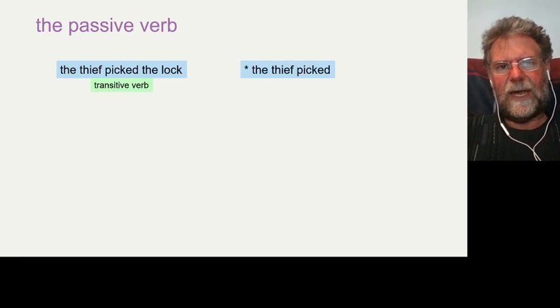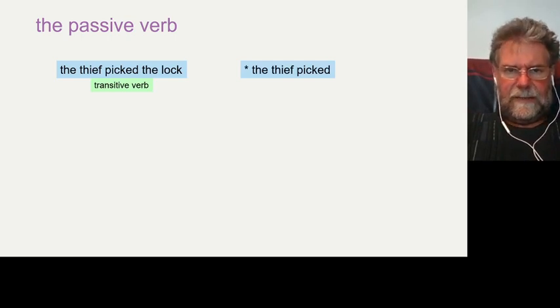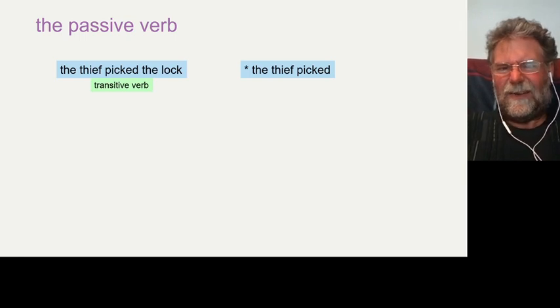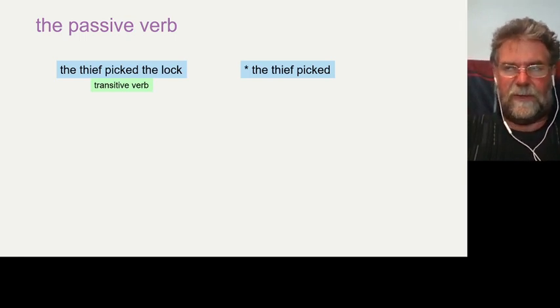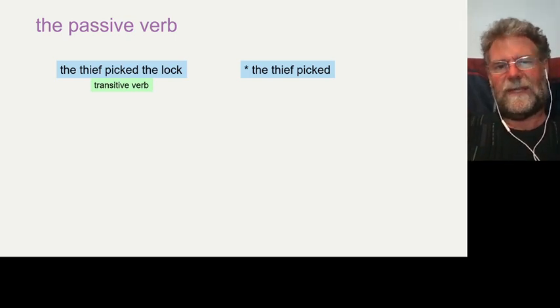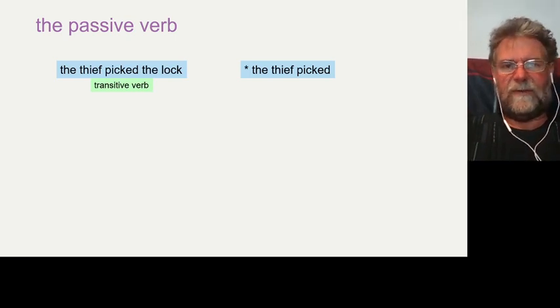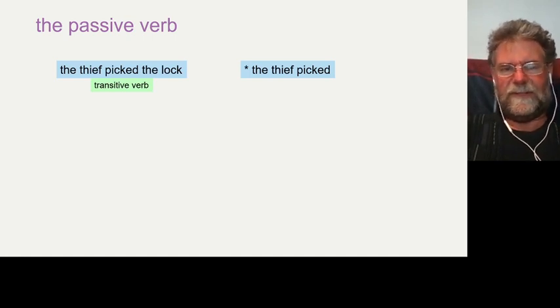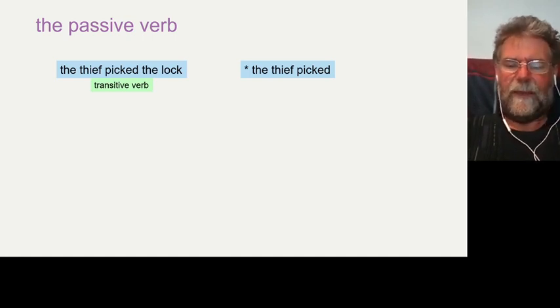Whereas if we look at that sentence and we miss out the object, clearly that's ungrammatical. You can't miss out an object of a transitive verb. A transitive verb is a verb that requires there to be an object following it. So if you miss the object out, the whole thing is ungrammatical. You can't say the thief picked.